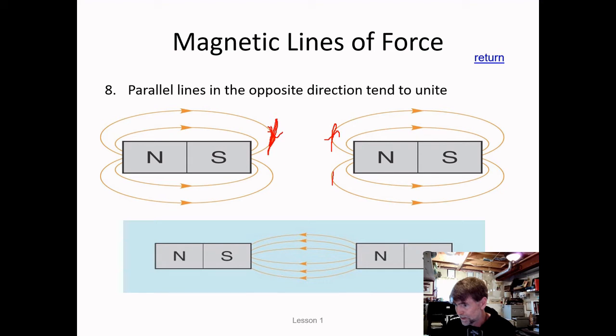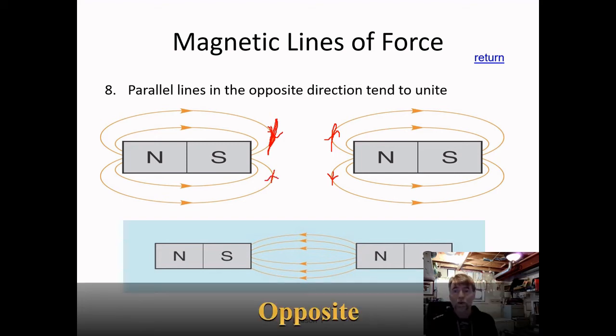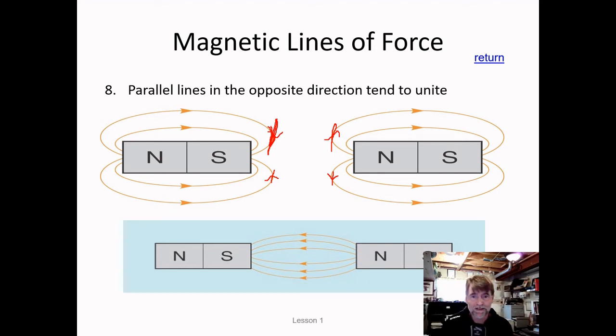Same thing down here. That's going down, and this one is going up. Okay, parallel lines in the opposite direction, what do they do? They tend to unite. And the result is, instead of two separate bar magnets with two separate clouds, two separate loops, they become one. And again, not a complete picture, because that's just a very small part of the loop.